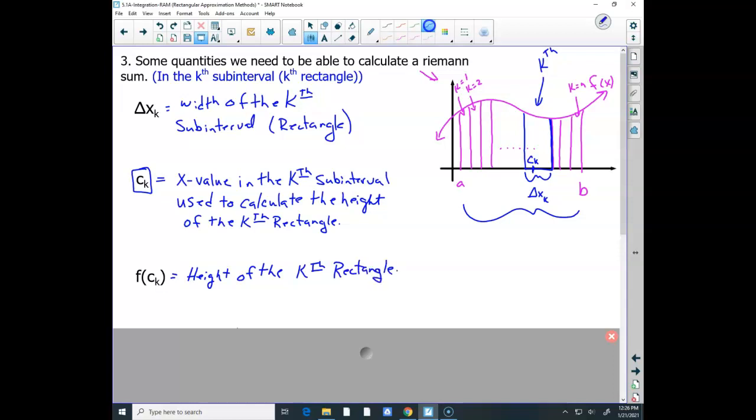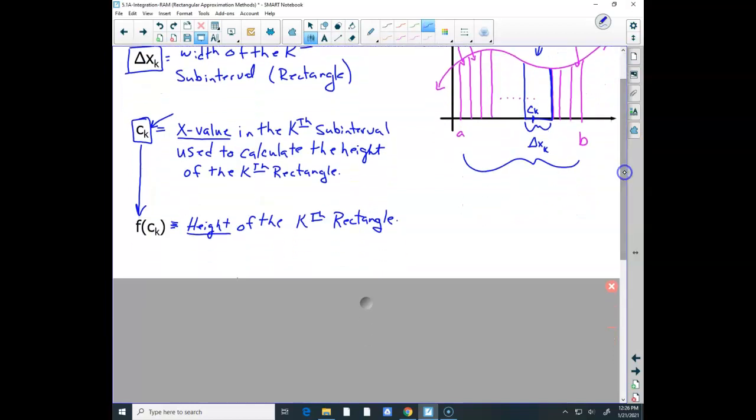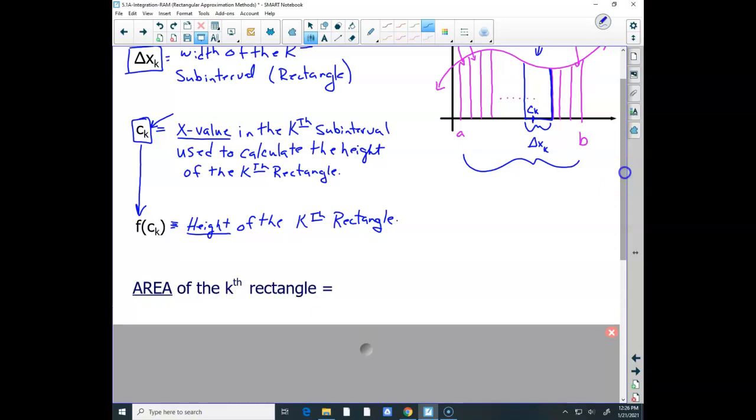So I need to know the width of the rectangle. I need to know some random point inside that subinterval so that I can take that x value, plug it into my function so it outputs a height of that rectangle, so I can take the base times the height. That's going to be the area of the kth rectangle.